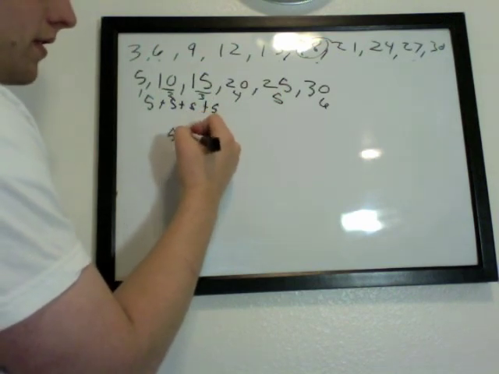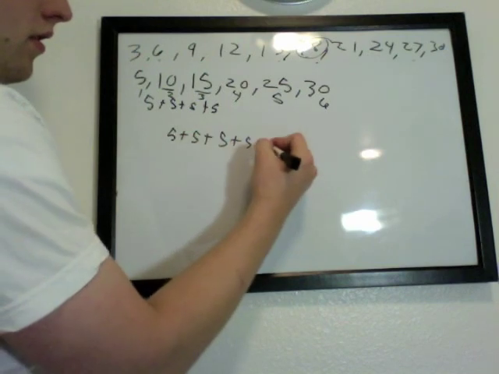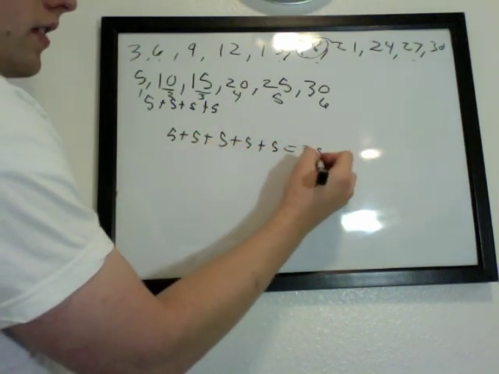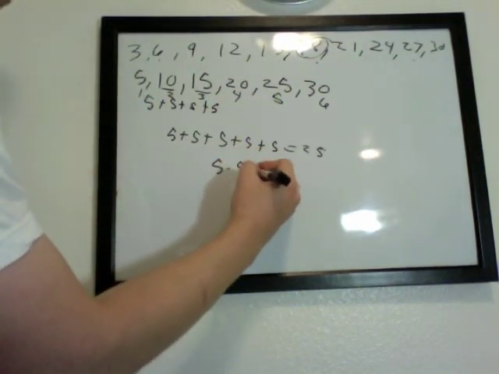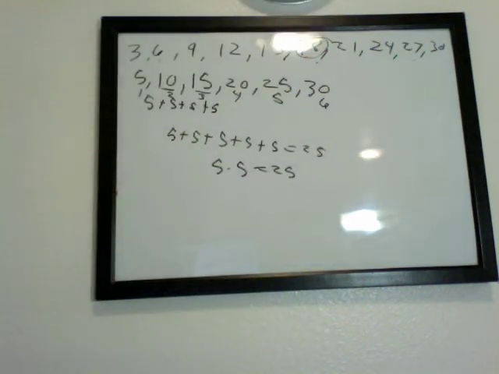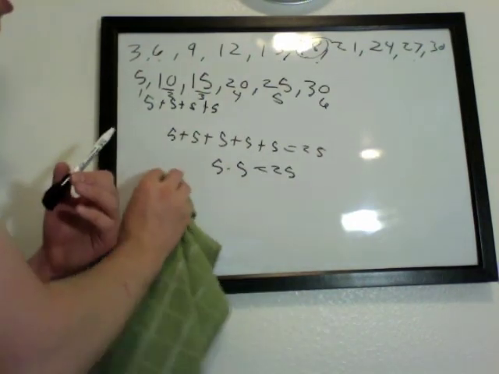You just do it 5 times. 5 plus 5, 5 times. That equals 25. If you add those up, it's the same thing as multiplying it. 5 times 5, 25. Just memorize that. Memorize the chart of your multiplications, usually up to 12.